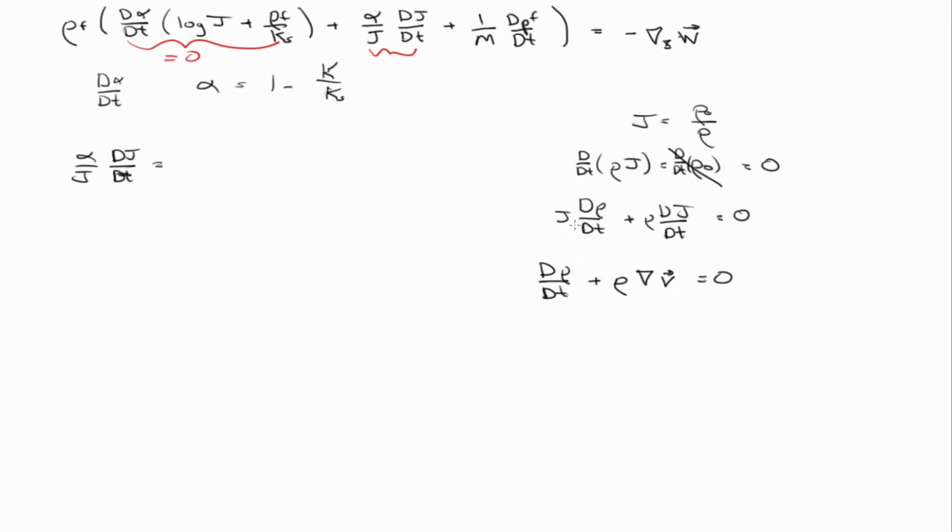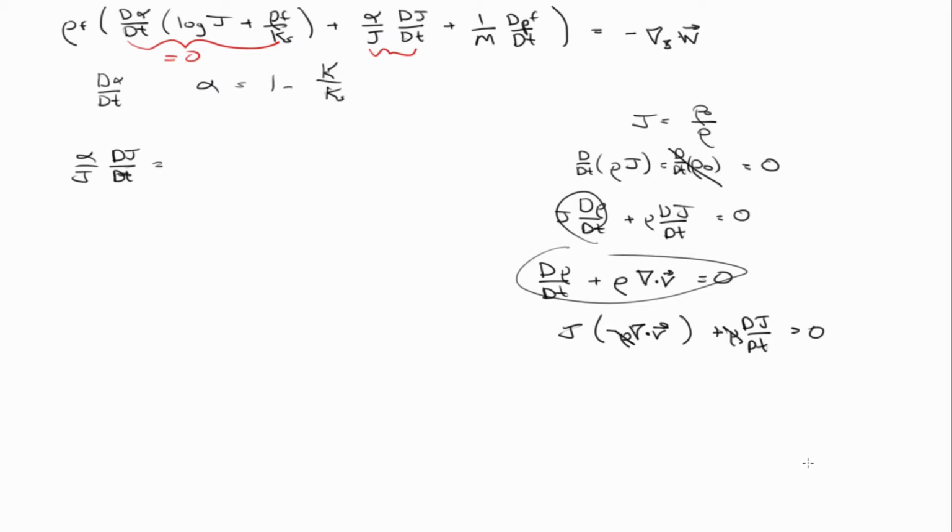So if we plug that back in up there, then we get minus J rho times the divergence of v, plus rho DJ Dt equals 0. So plugging this in right there, well, the rho's cancel.